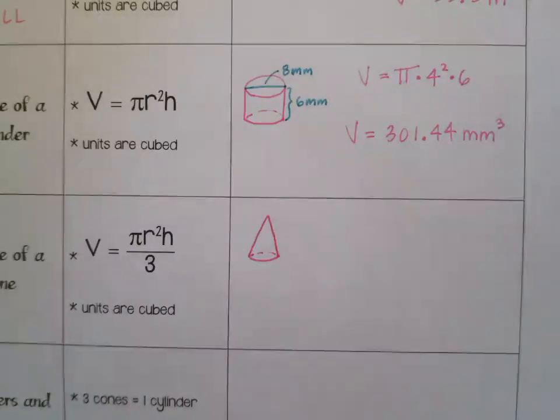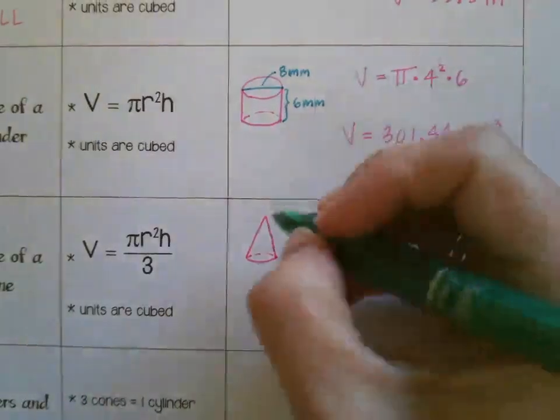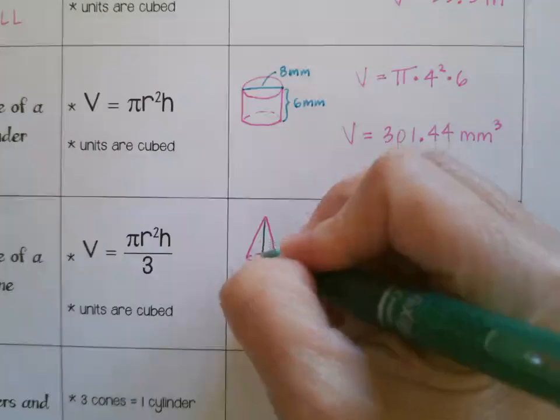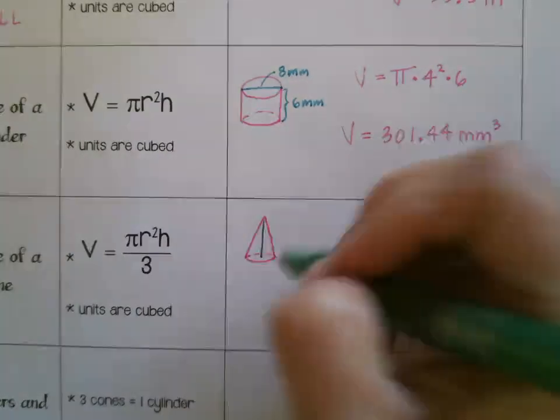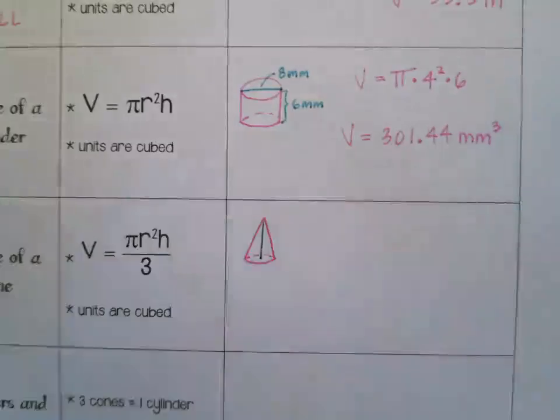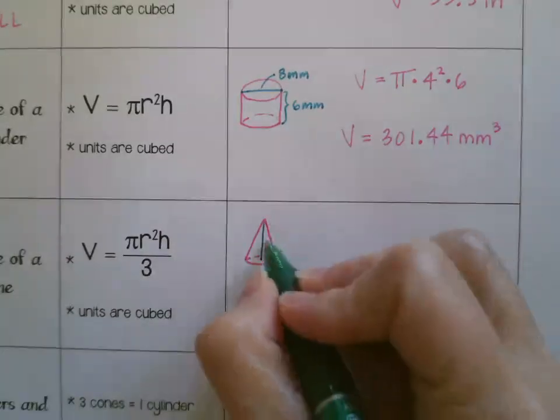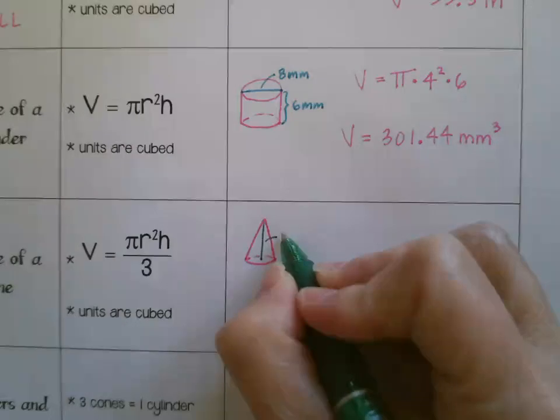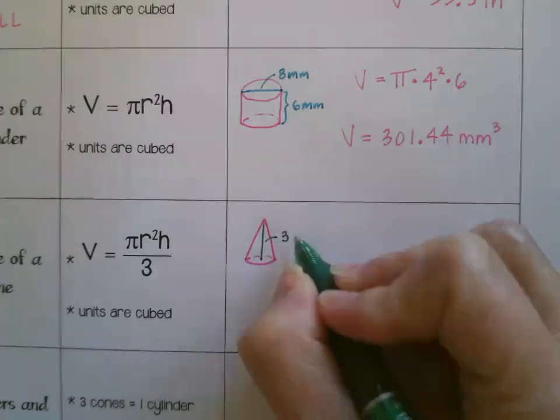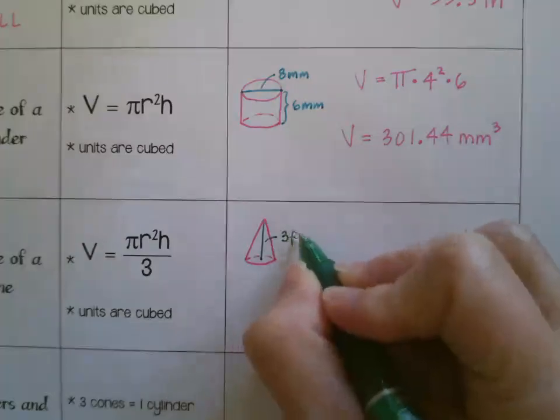So we need to know the radius and the height. I'm going to tell you that the height of the cone wouldn't be the measurement of the side. It's going to be the measurement straight down the center of the cone. So let's say that is, how about, 3 feet tall.